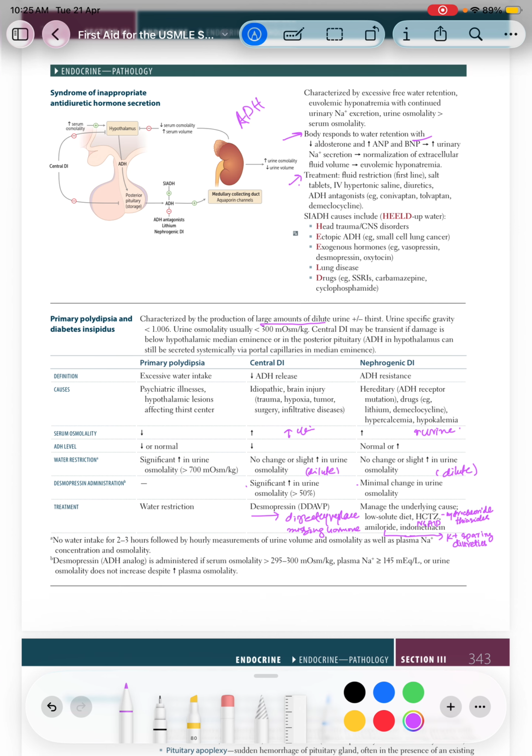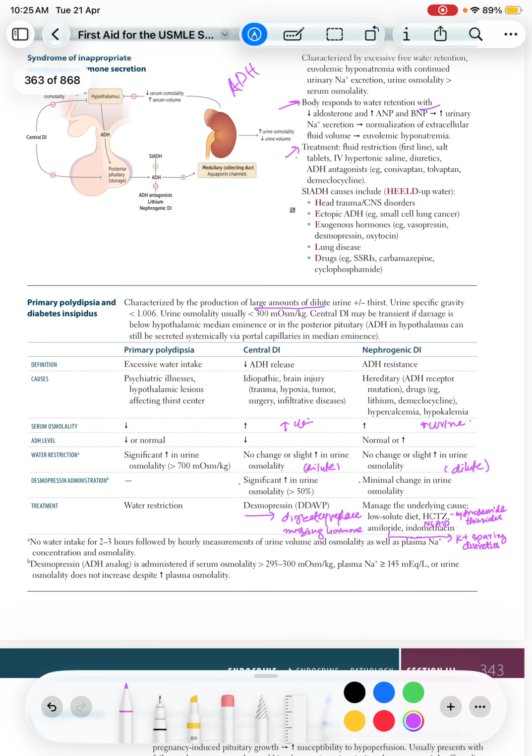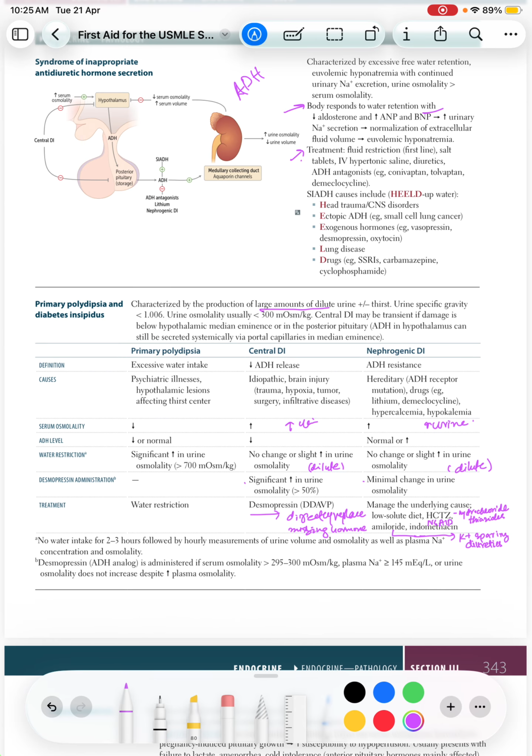So what is primary polydipsia, and what is diabetes insipidus? In all these defects there is production of large amounts of dilute urine, which means there is no increased osmolality or viscosity. There are no excessive electrolytes excreted in the urine.